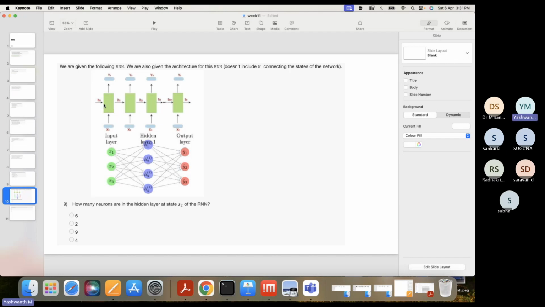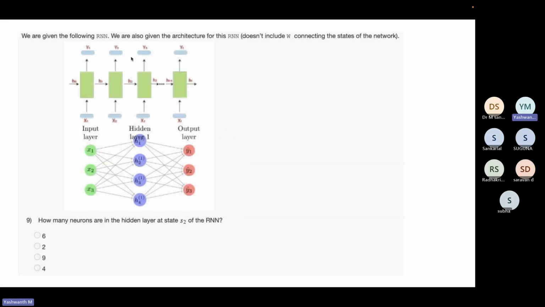Your hidden layer has a dimension of 4, and at each time step your output is a vector of 3. So, how many neurons are in the hidden layer at state S2 of the RNN?